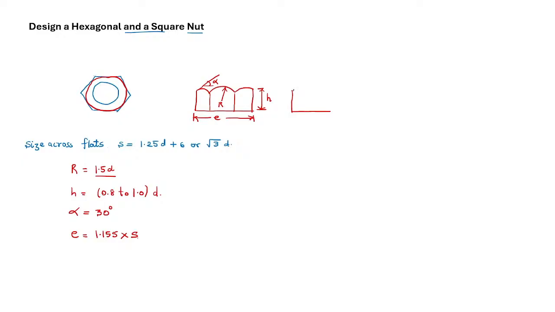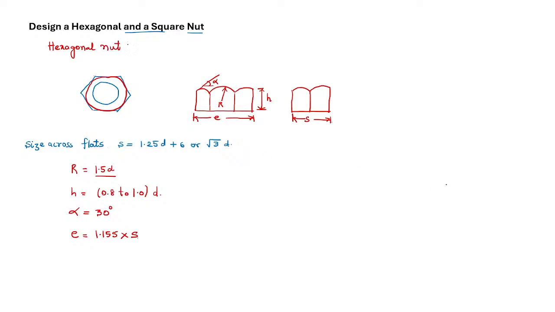For the side view, it will have two curvatures, whereas in the front view, it will have three curvatures, and this is equal to dimension S. So this is about the hexagonal nut.